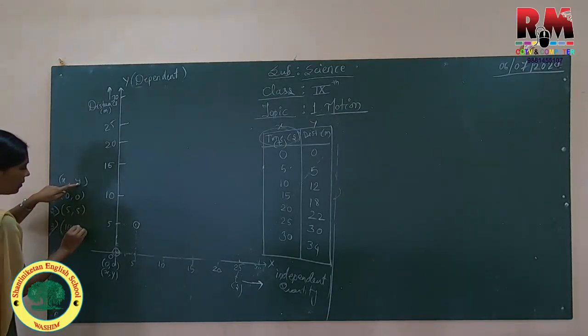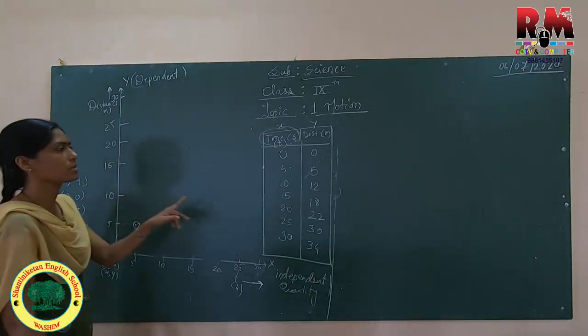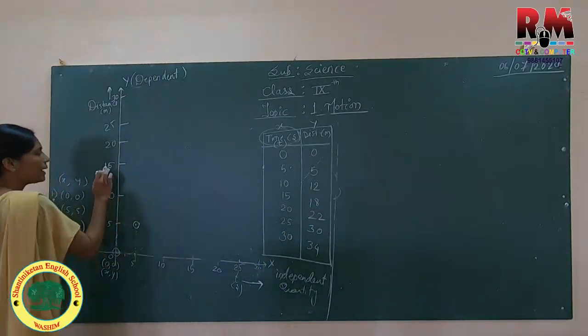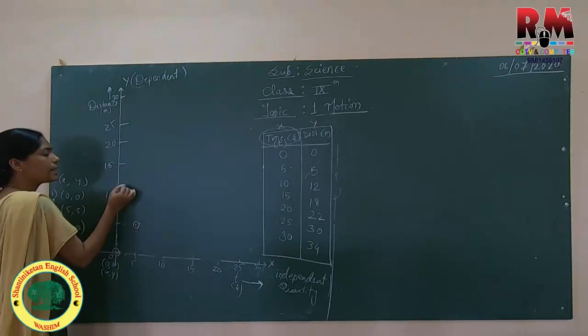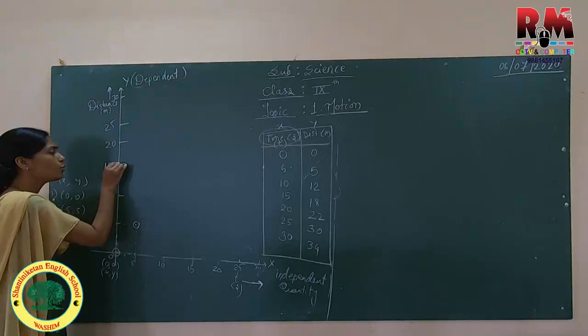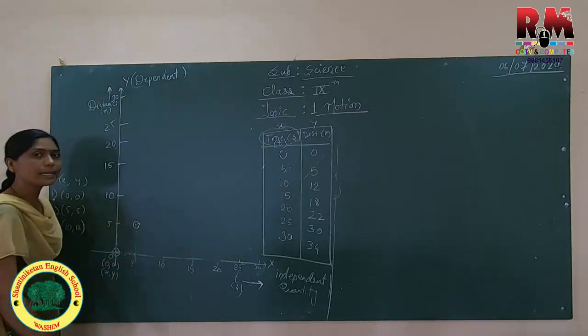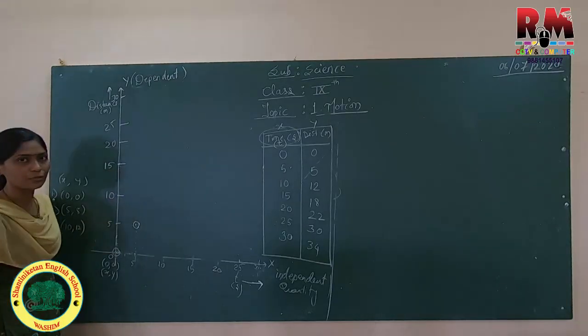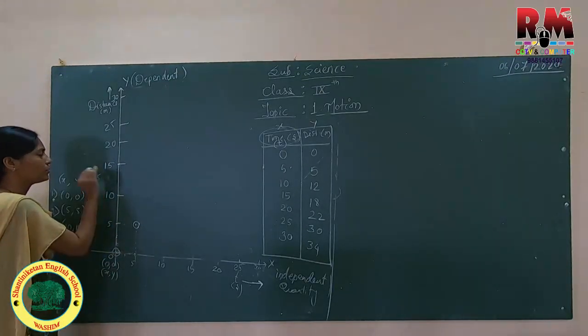The point on y-axis is at 12. Now you know that in between how many lines are there? 10 lines are there. From 10 to 15, how many meter difference is there? Of 5.